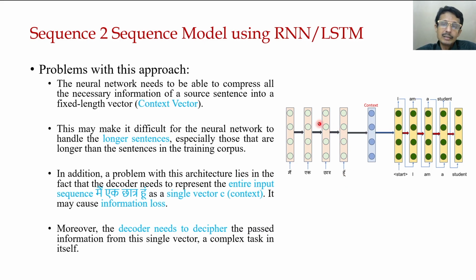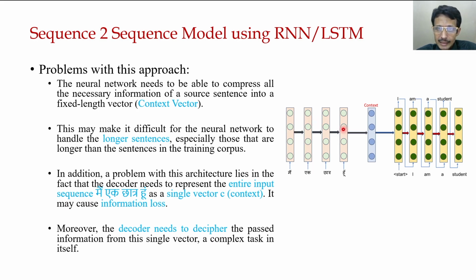Then long range contextual dependency is very tough to handle by this kind of RNN.